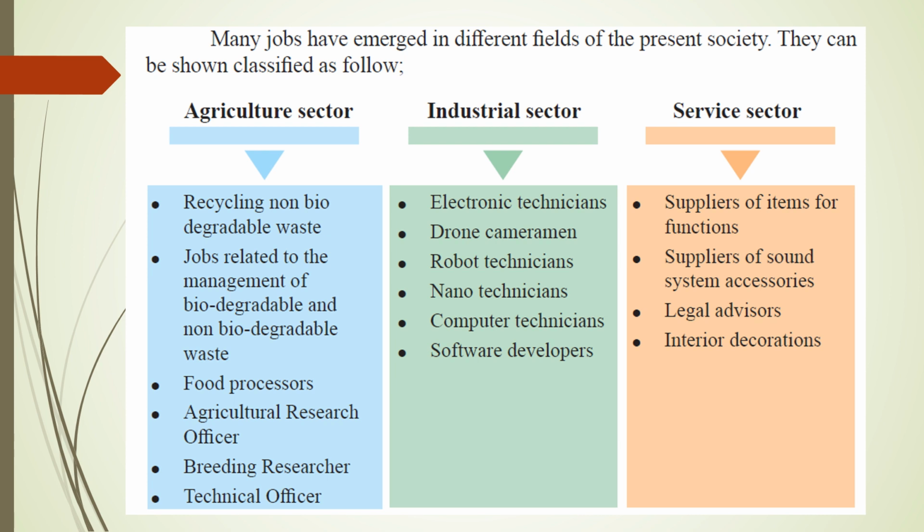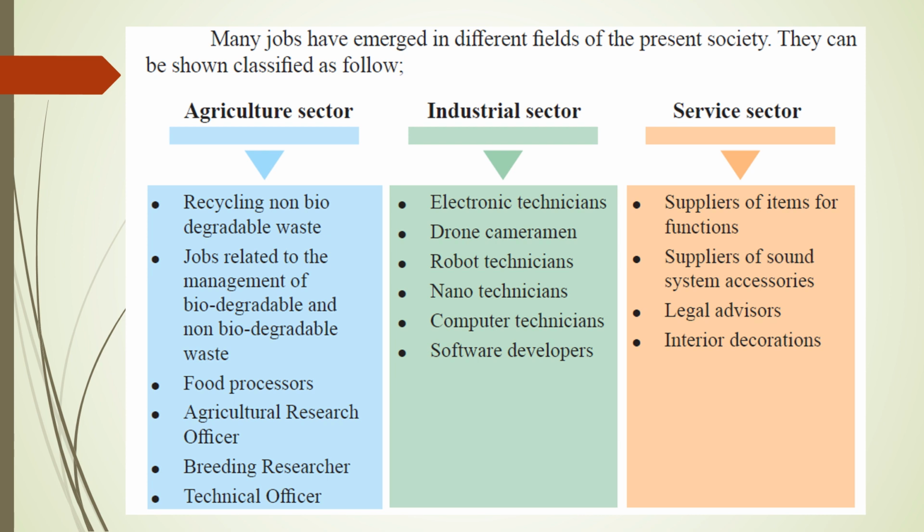And service sector, so for service sector, suppliers of items for functions, and there are different types of functions. For example, birthdays, weddings, right? And suppliers of sound system accessories. Legal advice, right? So if you would like to be a lawyer, you can study an LLB degree at the universities and at the law college, right?